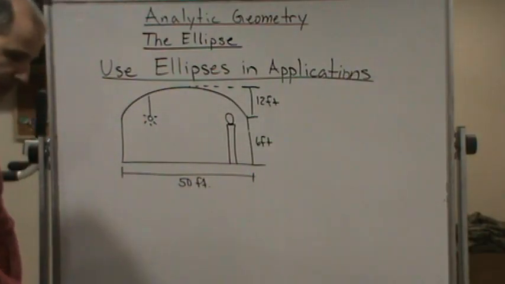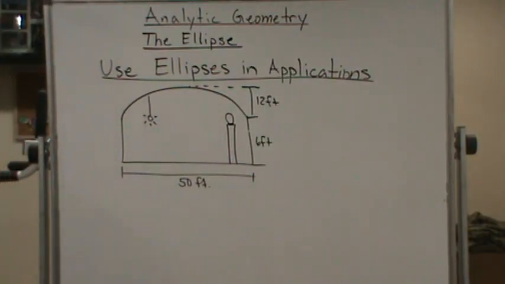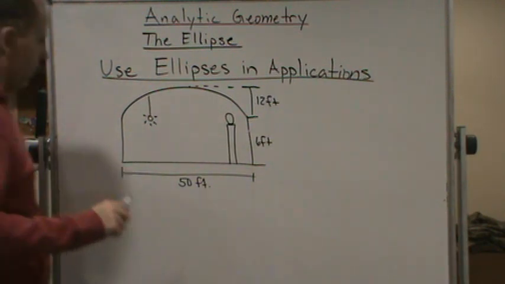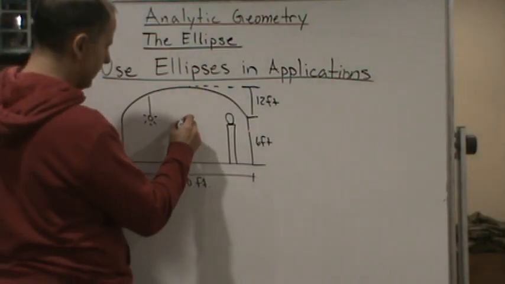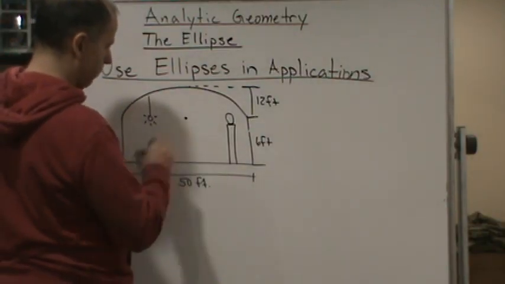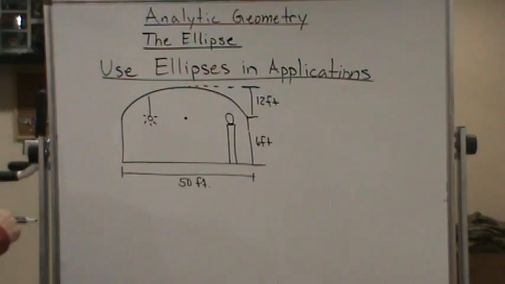So a couple of things. One thing to note is they want us to give an equation. So we're going to assume that right in the center here is 0, 0. So that's going to be our center.